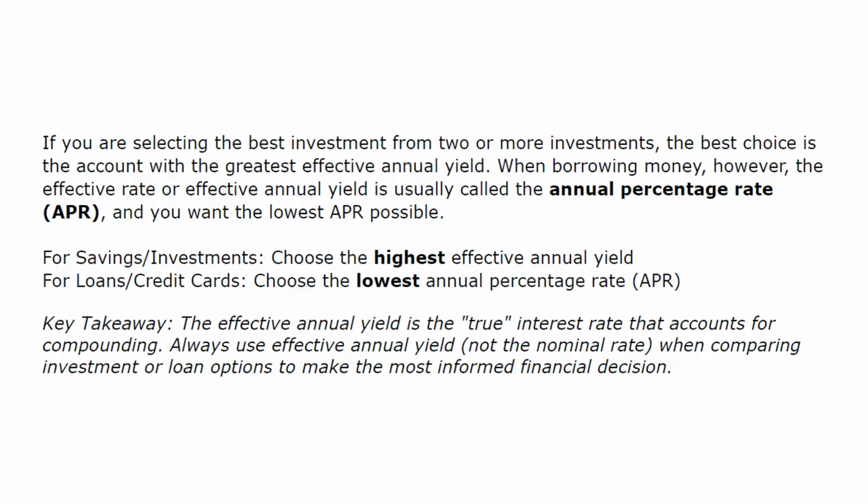Whereas in investments, you want a high effective annual yield so that you get more interest added to your investments. So the true takeaway is that the effective annual yield is the true interest rate that accounts for compounding. Always use effective annual yield when comparing investment or loan options to make the most informed financial decision.